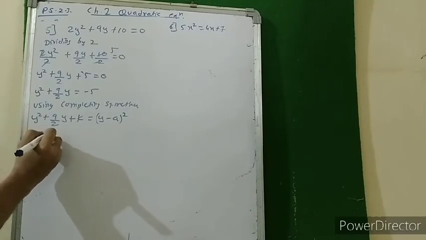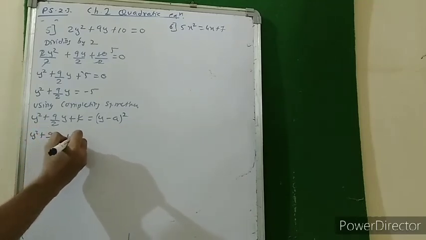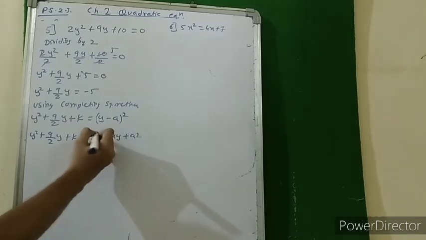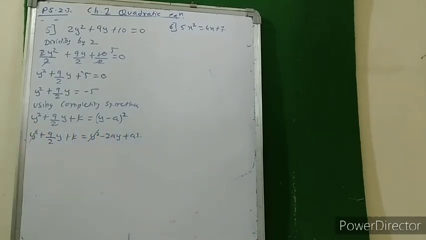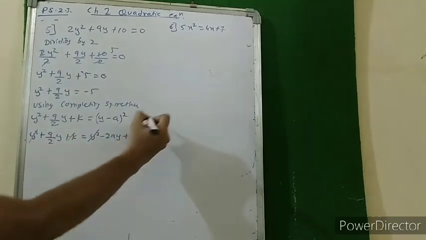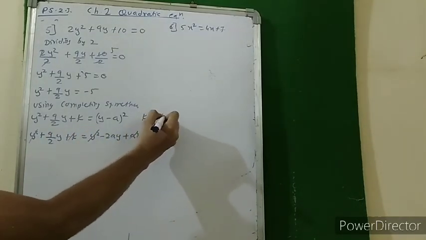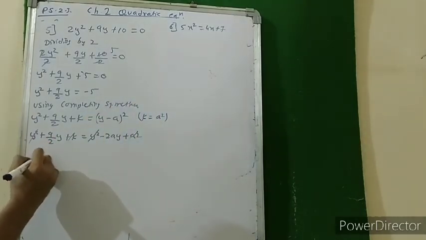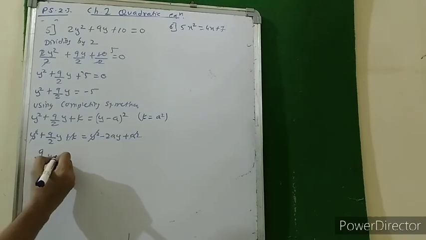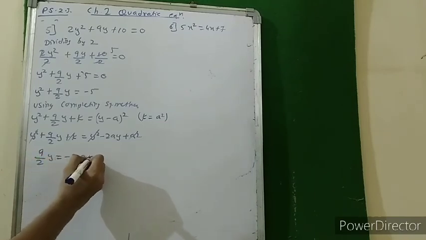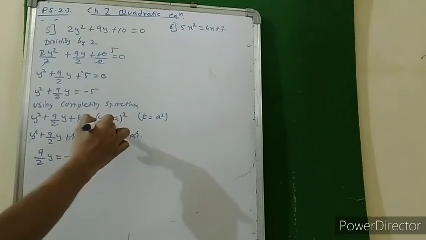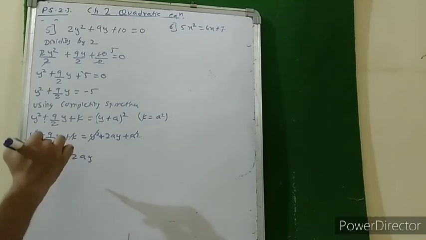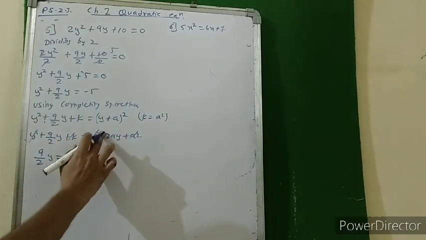So y square plus 9 upon 2y plus k is y square minus 2ay plus a square. y square cancel, k and a square are the same as k is equal to a square. So we have 9 upon 2y is equal to minus 2ay. We will take a plus sign over here. That was my mistake. As it was plus in the middle, we will take plus. So here also we have plus.